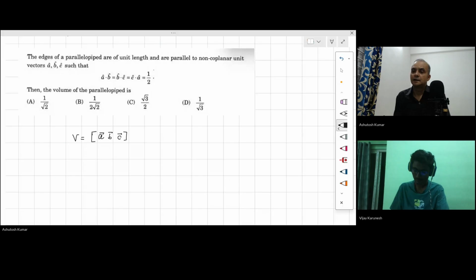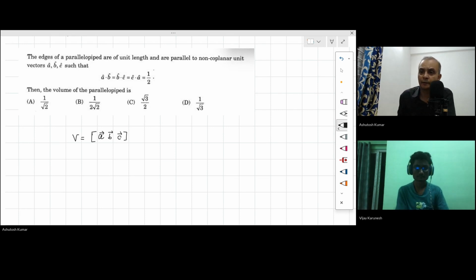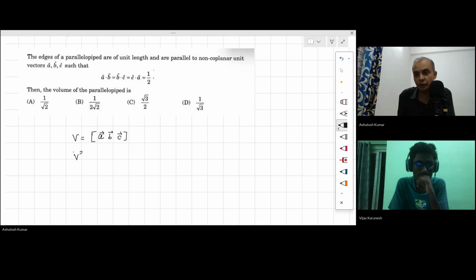Sometimes, to find out any quantity, we can find the square and take the root. Yes or no? Okay. So what I'm going to do is take the square of this volume. I can write the vector A, B, C scalar triple product, square of it. Now notice, by the way, I'm taking the general idea, not talking about this particular question.